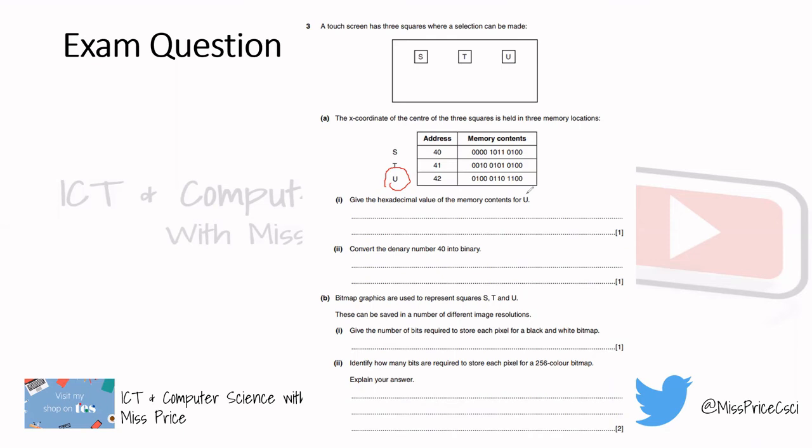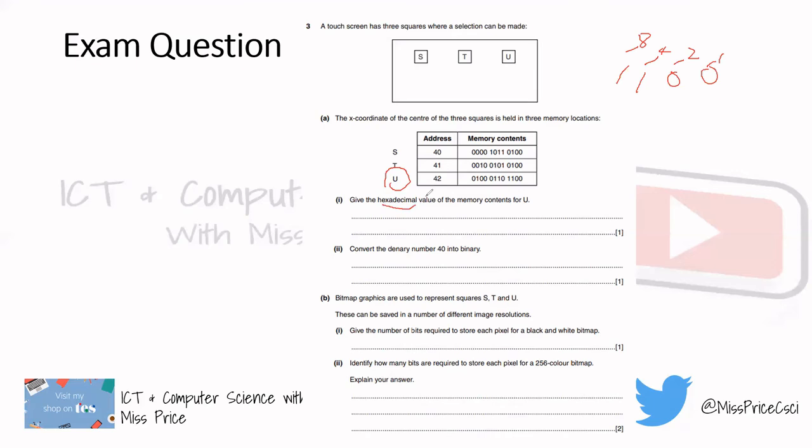All you've got to do is take these 4 bits. This one is 0, 0, 1, 1. So that would be 1, that would be 2, that would be 4, that would be 8. Remember, it wants it in hex.